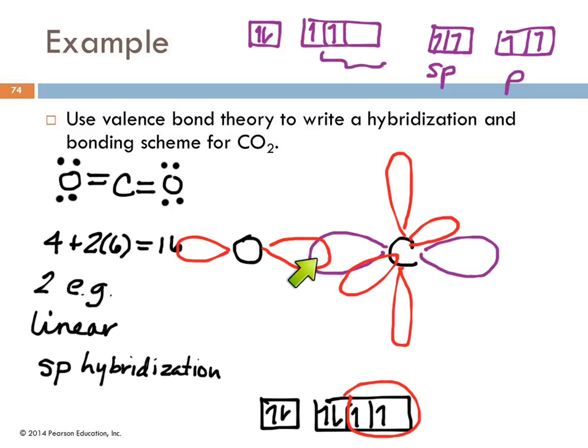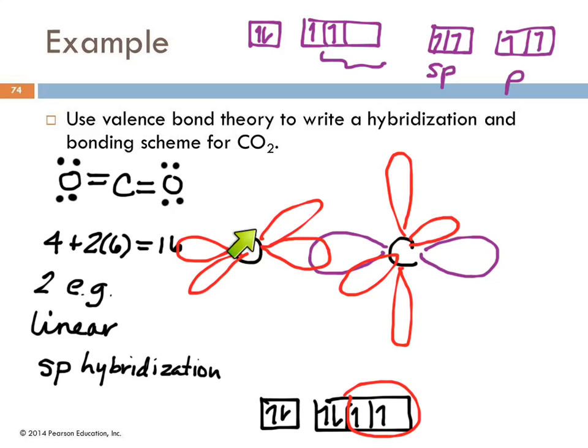What kind of a bond is this right here? That's a sigma bond. So I've got this orbital. Where do you think the other p orbital is going to go? It's going to be perpendicular. It can either be up and down or in and out. What do you want to do? In and out, just because we're hungry.